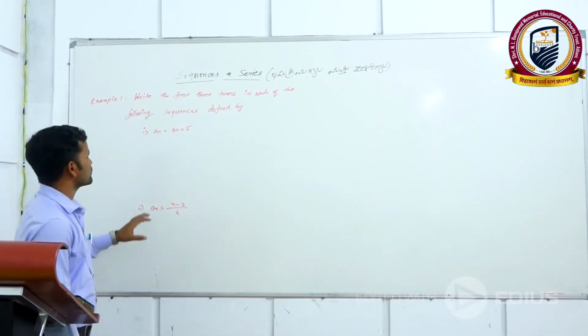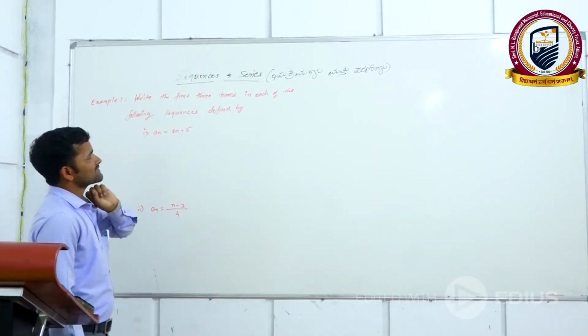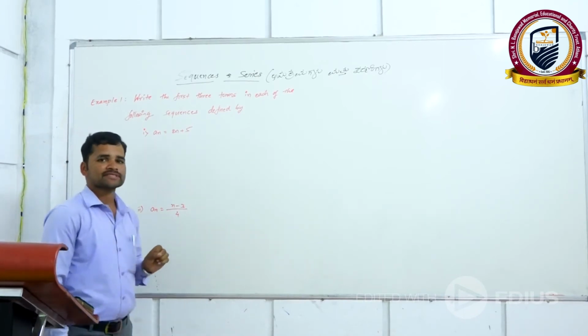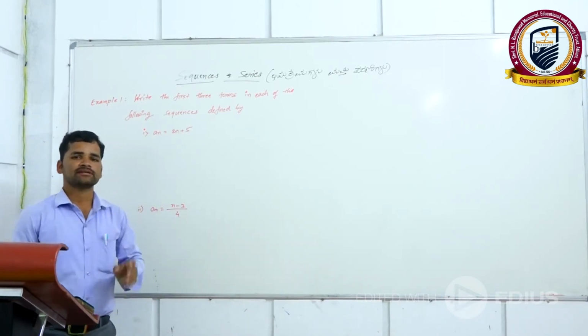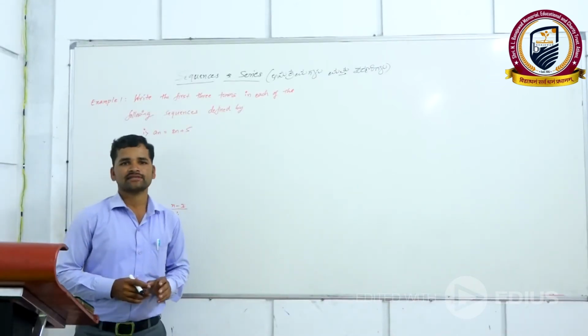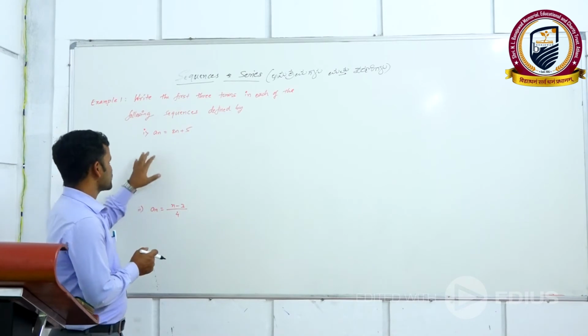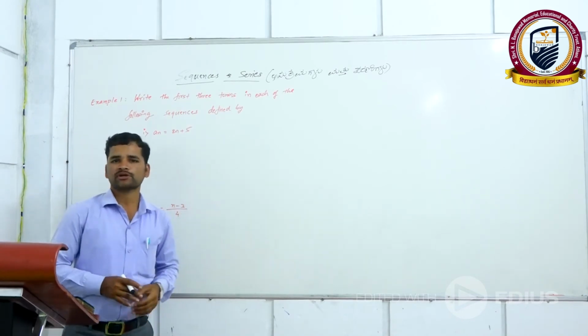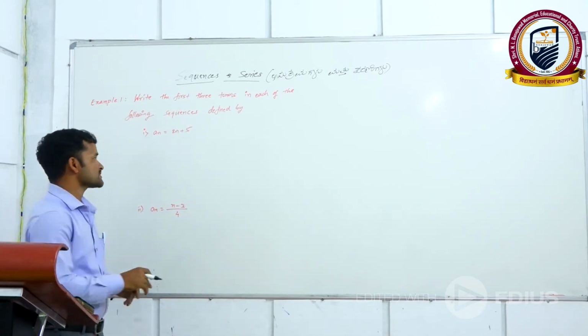Let me solve these two problems. Write the first three terms in each of the following sequences. Here a sequence is given, and we have to write the first three terms that occur in that sequence. We will solve these two problems, then we will go to some more concepts related to sequences.